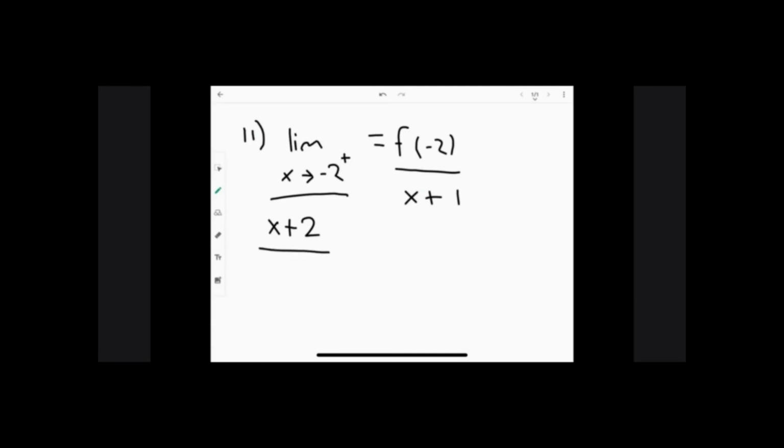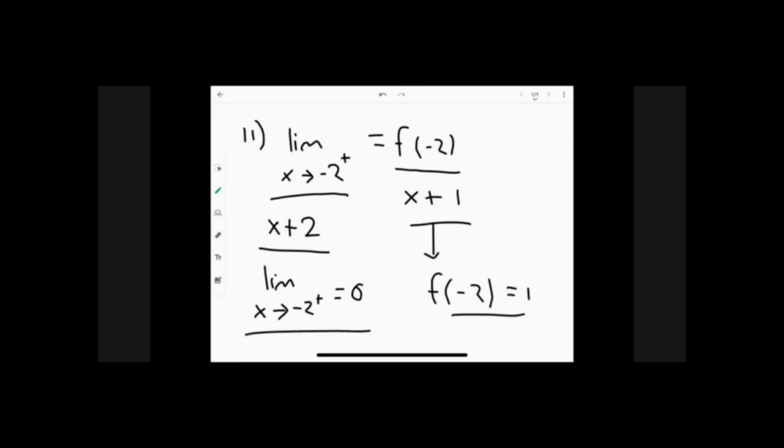If we substitute minus 2 into x plus 2, we get that the limit as x goes to minus 2 plus is equal to 0. Whereas if we substitute minus 2 into x plus 1, we get that f of minus 2 is equal to minus 1. But these two are not equal to each other. So we know that 2 is false.